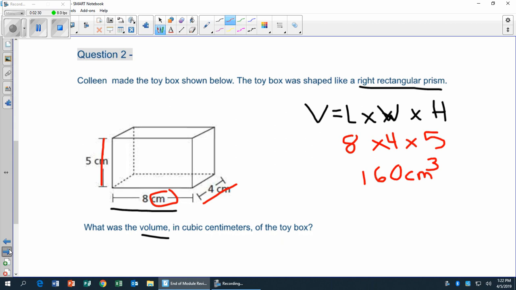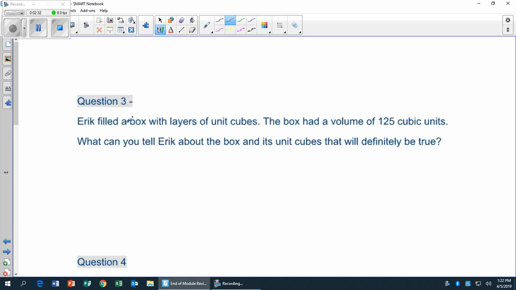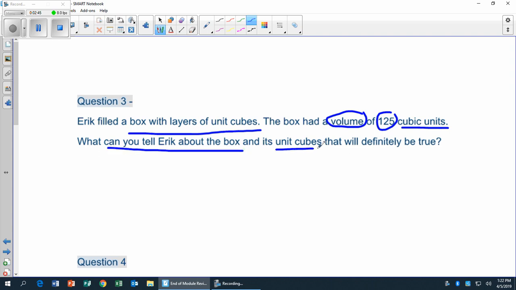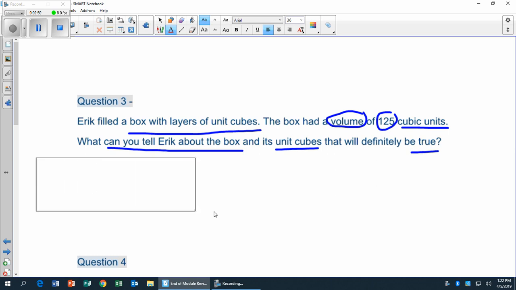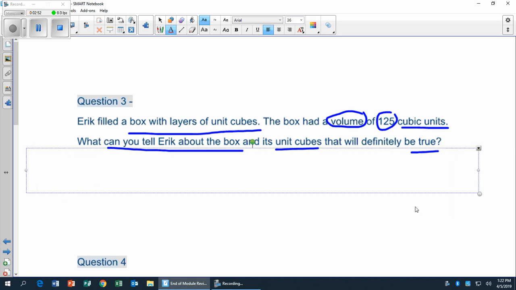Next, we have question 3, where we have Eric, and he is filling a box with layers of unicubes. It talks about the volume and that there's 125 cubic units. What can you tell Eric about the box and its unicubes that are true? So when we look at this box and it has 125 units, we know that the box is filled.